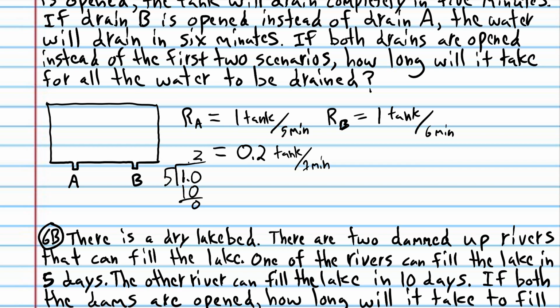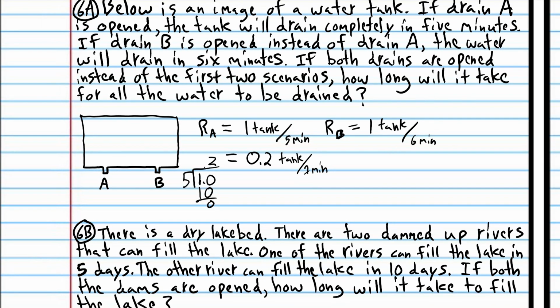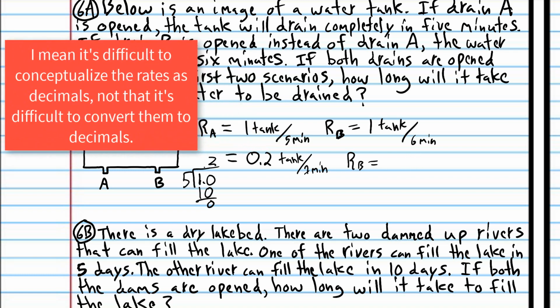But that's kind of difficult to understand as a decimal. It doesn't really make a lot of sense to say it as a decimal. And in this case, we have an even more difficult situation with the other rate, because if we divide with that one, we end up with 0.16 repeating. So it's difficult to change these to decimals to find the unit rate.